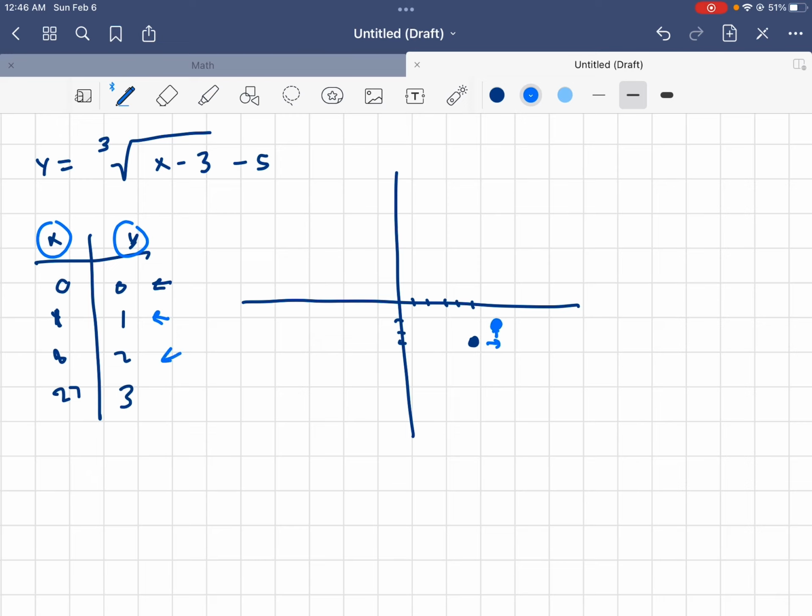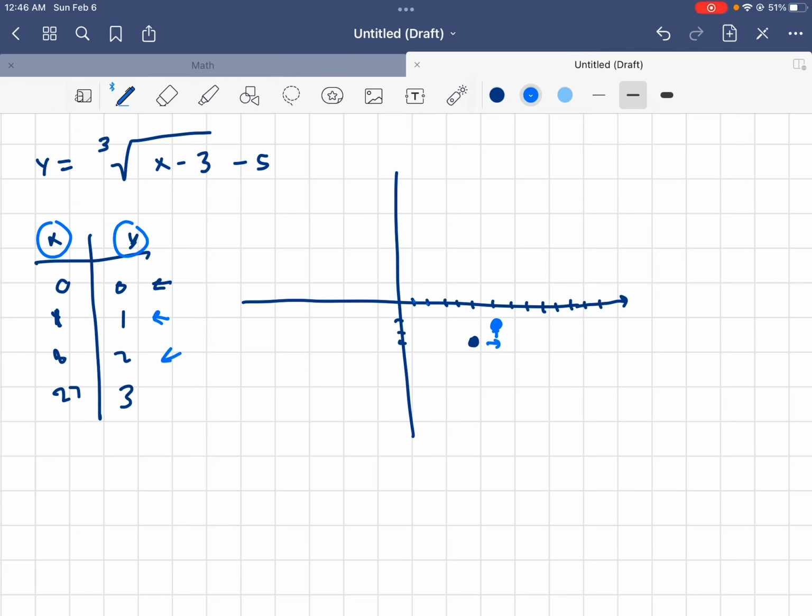Now for the next one, we see x is over 8, y is up 2. So if I were to add some more points, that's not very accurate, but it's just a rough sketch.